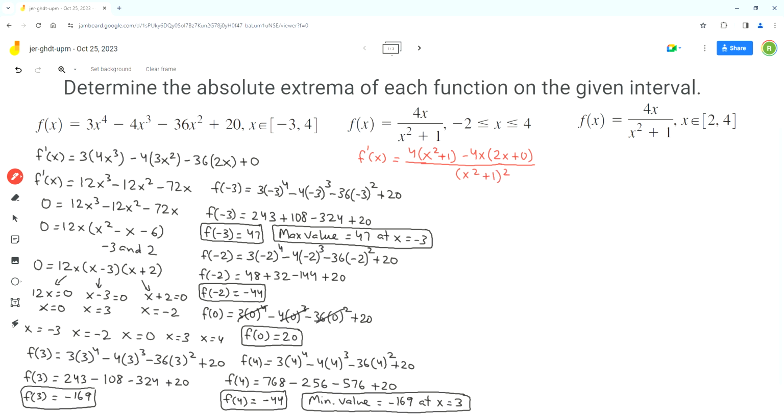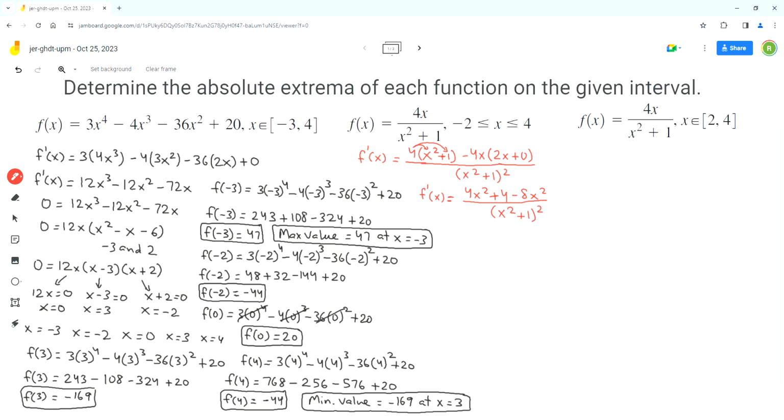Now we can simplify the numerator by distributing the 4 into the parentheses. So we get f prime of x equals, in the numerator we get 4x squared plus 4, and in the second part, 2x plus 0 is just 2x, so 4x times 2x is, we get minus 8x squared, over x squared plus 1 squared.